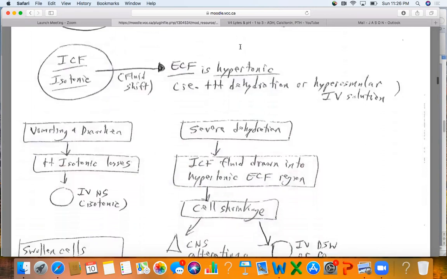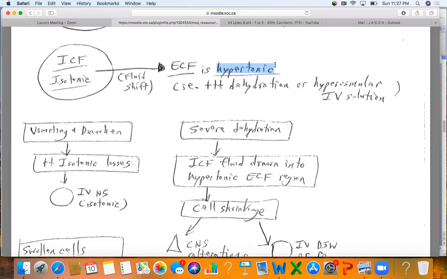If we were to give our patient a hypertonic fluid, what would we expect? Like a 3% normal saline, which we do not often give on the wards. Or let's say they had a super high salt intake and their sodium level was super high, or they're majorly dehydrated and so their tonicity was really high.